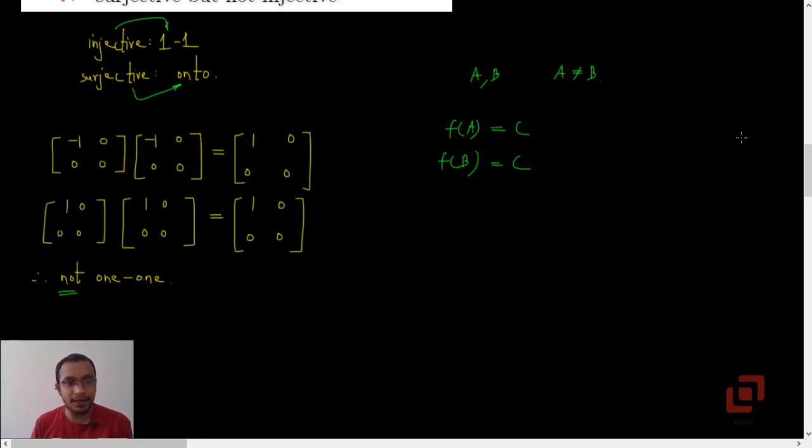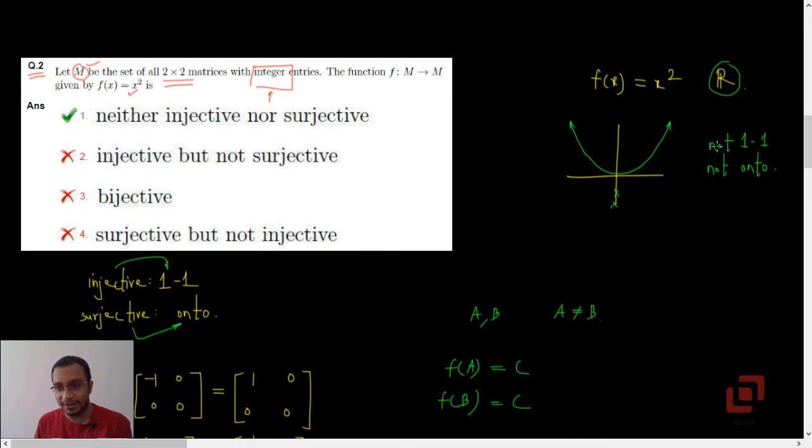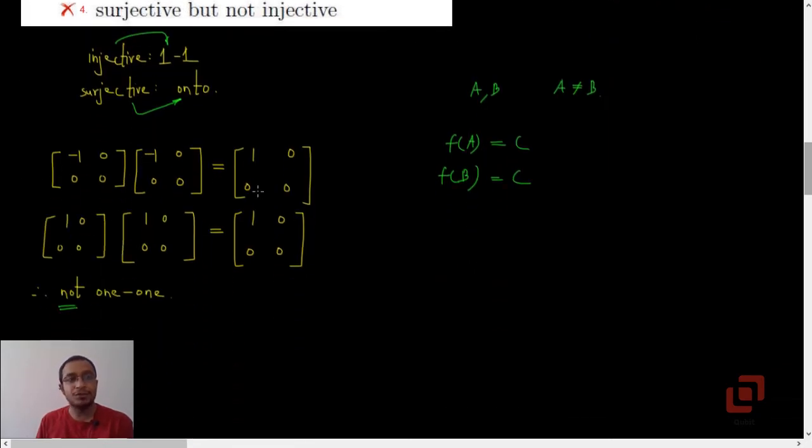We have actually made use of the same fact that the given function is not 1-1 when defined on the set of real numbers. So I have considered the two matrices [-1, 0; 0, 0] and [1, 0; 0, 0]. This is my matrix A and this is matrix B, and because the first elements in A and B are different, they are not equal.